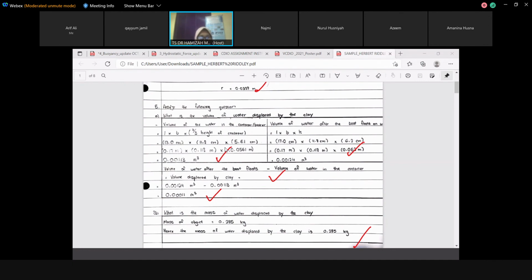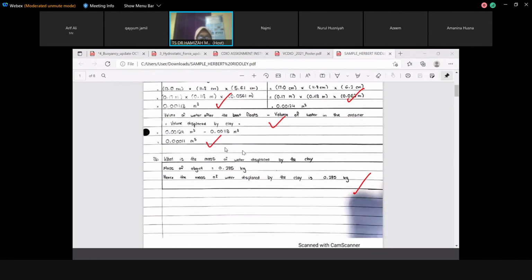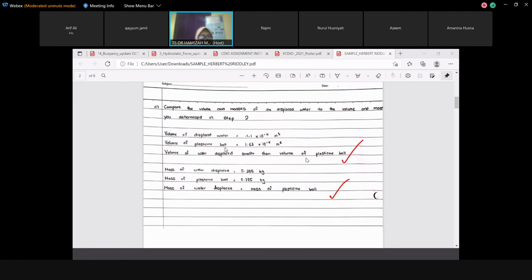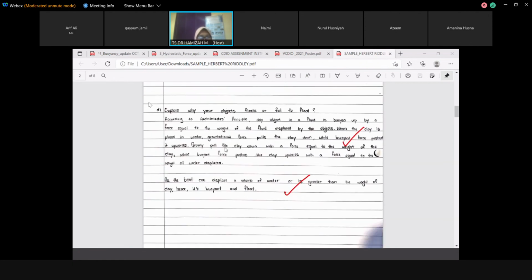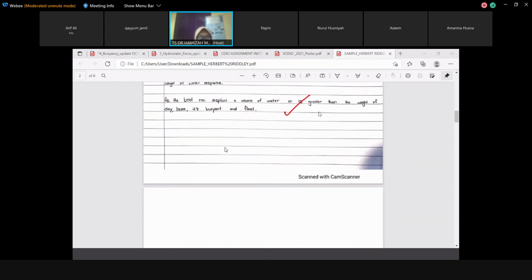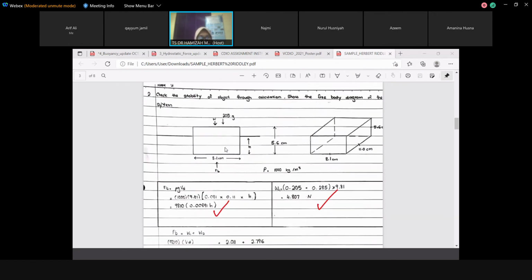Boleh answer the question tu, what is the mass? Okay, include the explanation of why your object float or fail to float also. And buat diagram juga. Okay, this one you boleh tulis tangan ataupun you nak cantik lagi, you gunalah word, boleh type.